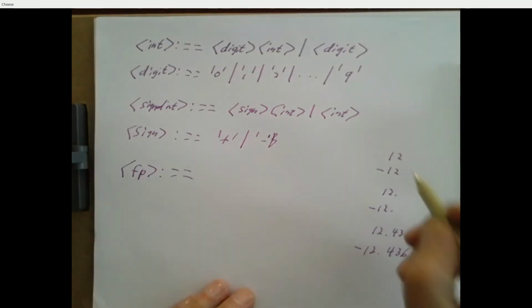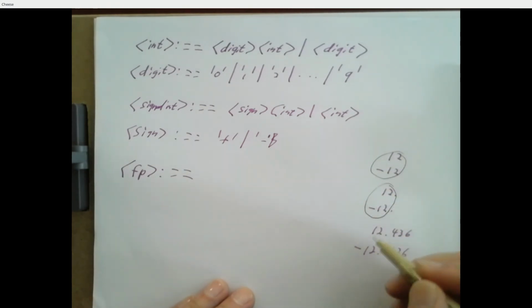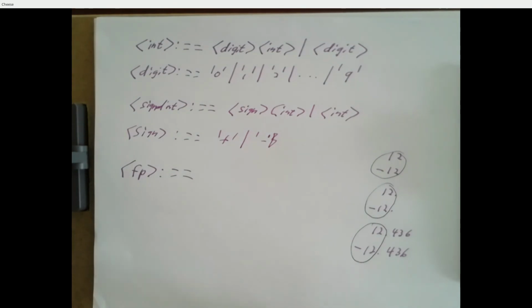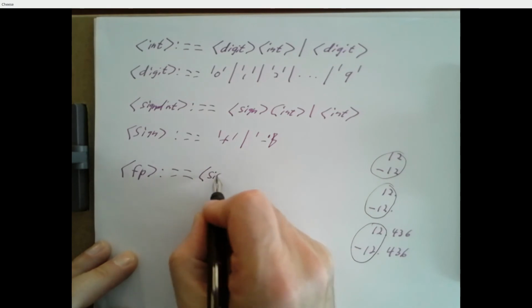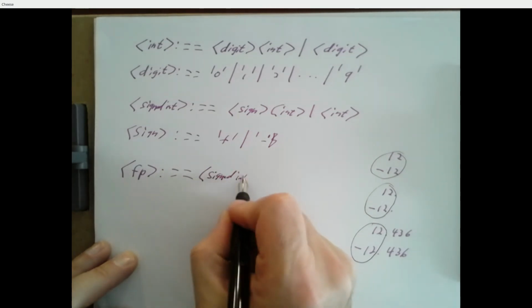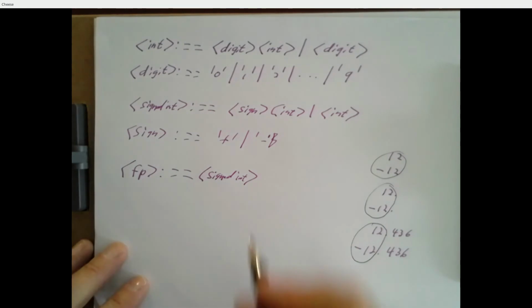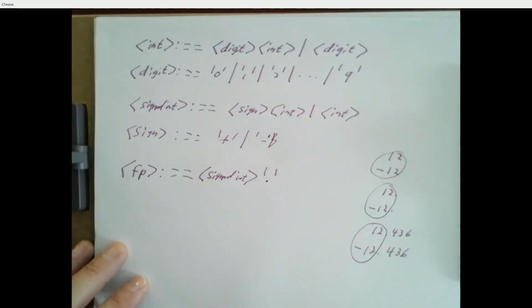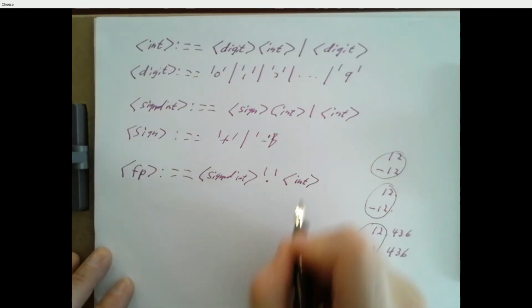And so it looks like floating point numbers always start with a signed integer, optionally followed by a period, and then followed by an unsigned integer.